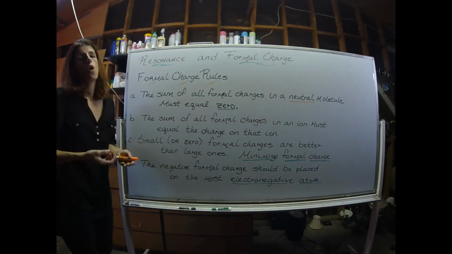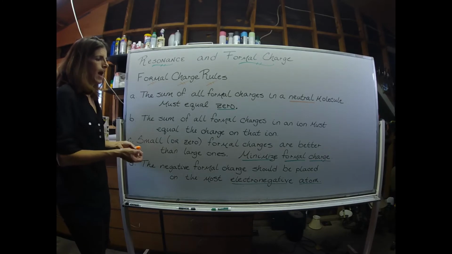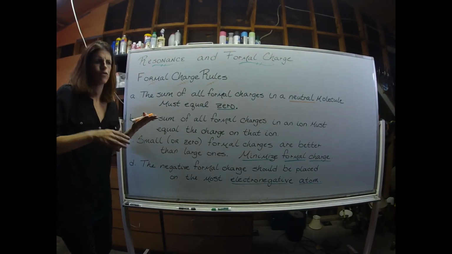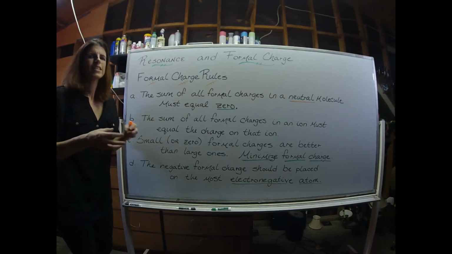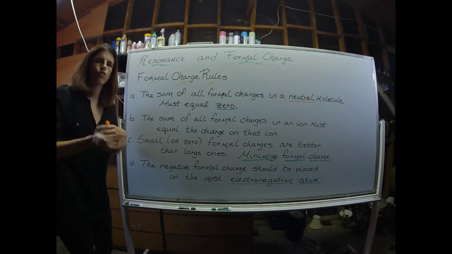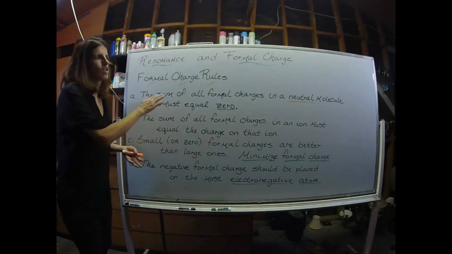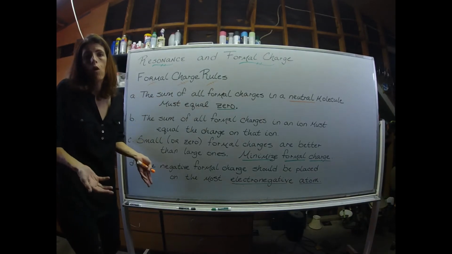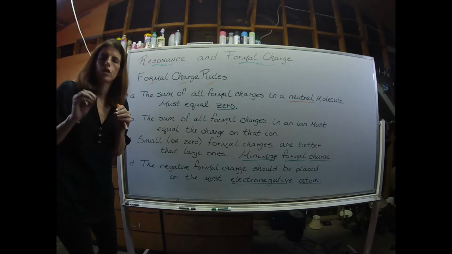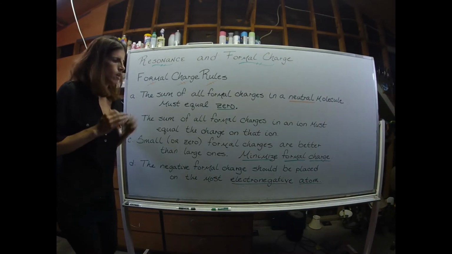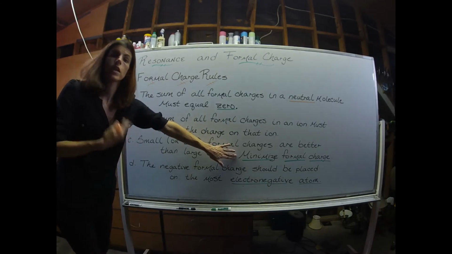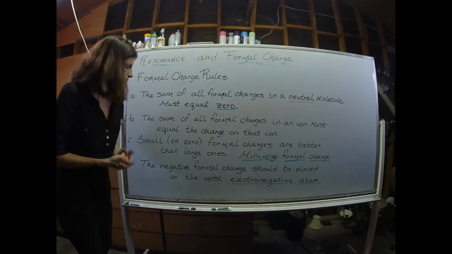It would be so much better to have zeros on all of those atoms instead of having a -3 and a +3. Granted, sometimes you can get those larger formal charges to sum up to 0 in a neutral molecule. But we just want to avoid them overall if we can go with smaller numbers on the individual atoms. So you'll hear me call this the minimization of formal charge. I'll say we need to minimize the formal charge.